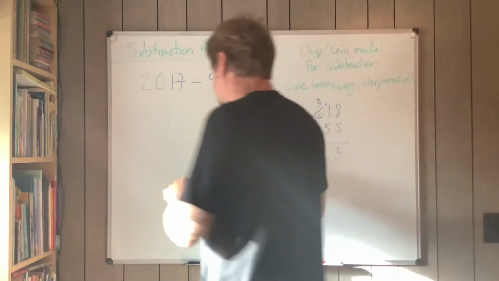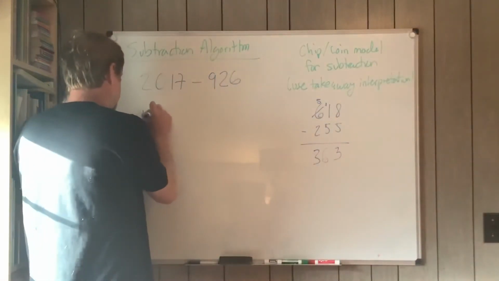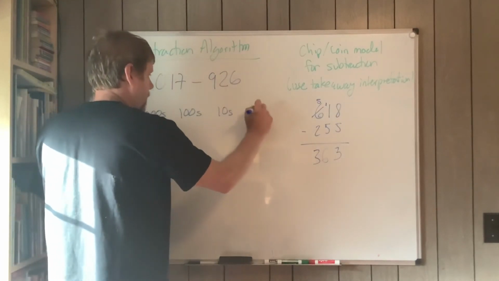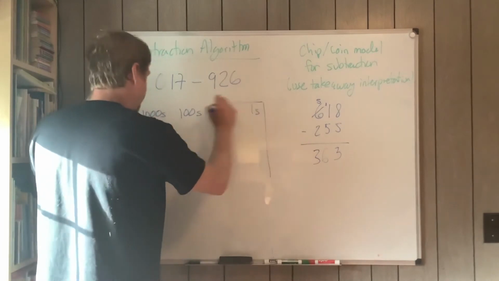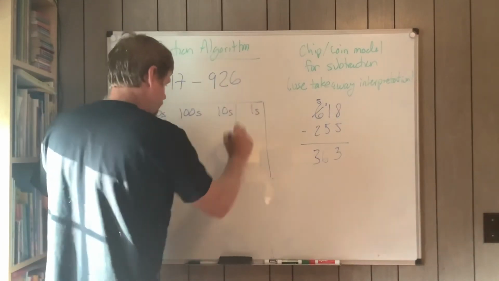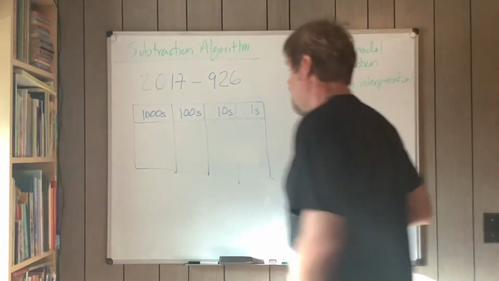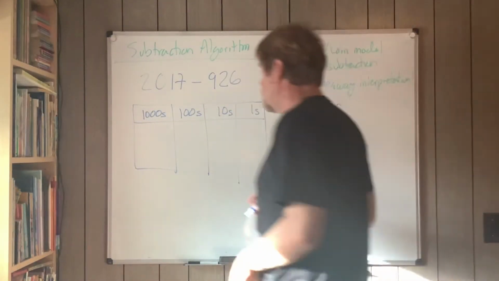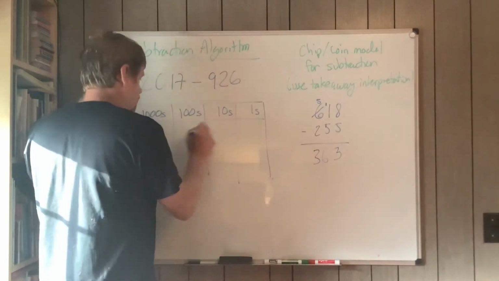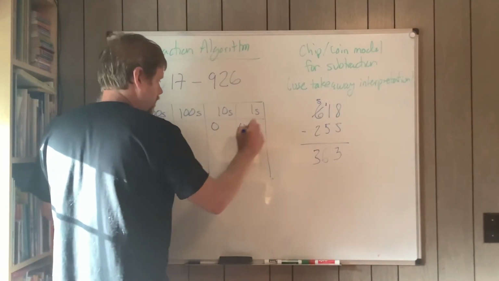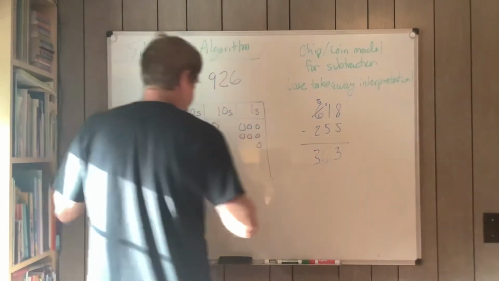First of all, I've got an extra column here, like that. So 1, 2, no hundreds, 1, 1, 1, 2, 3, 4, 5, 6, 7.